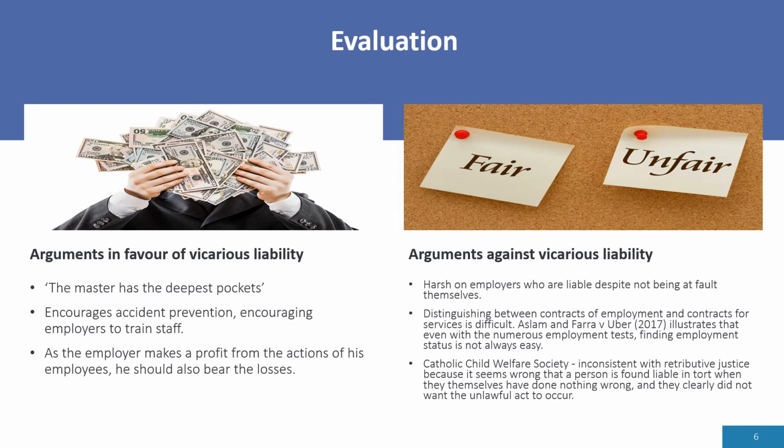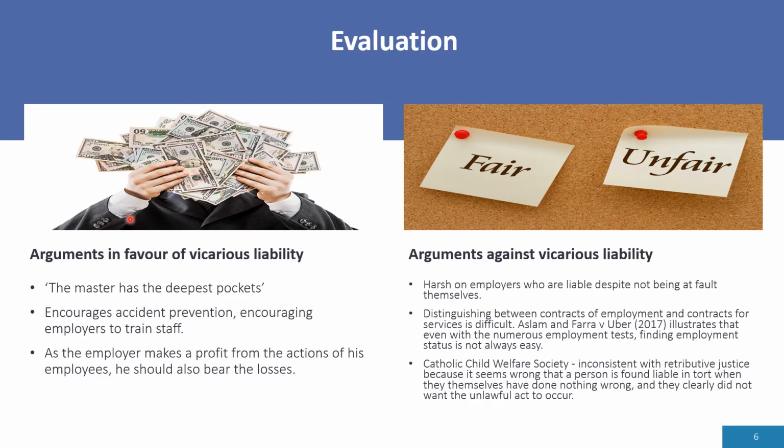So let's just conclude by looking at some of the key evaluative points of this area, because it is a bit of a controversial area of law. You need to be prepared in your exam to discuss arguments in favour of this type of liability and also arguments against it.